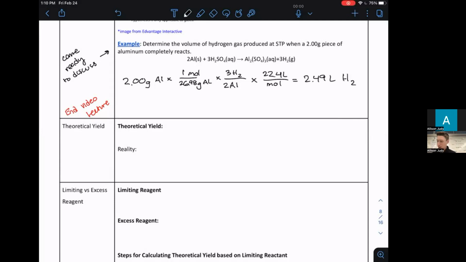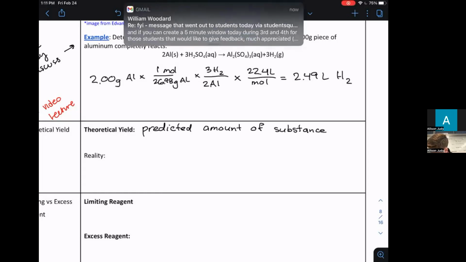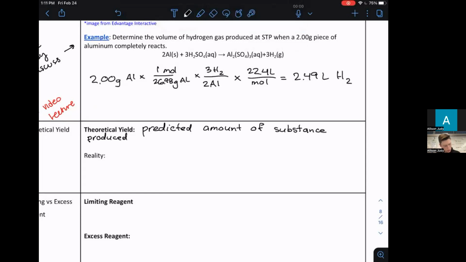But as we see here, theoretical yield is the predicted amount of substance produced in a reaction based on the molar ratio.